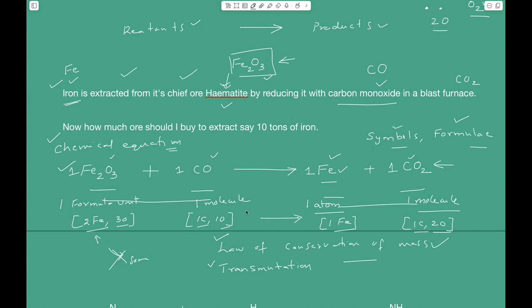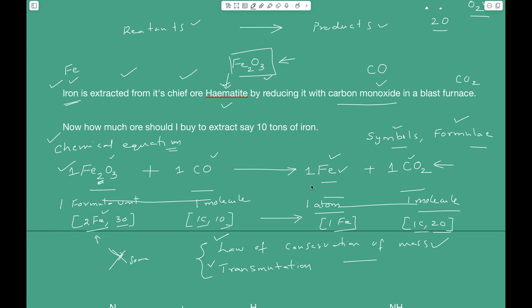Now, what should I do to satisfy these two conditions? Simple. You just make sure that the total number of atoms of each element are the same before and after the reaction.